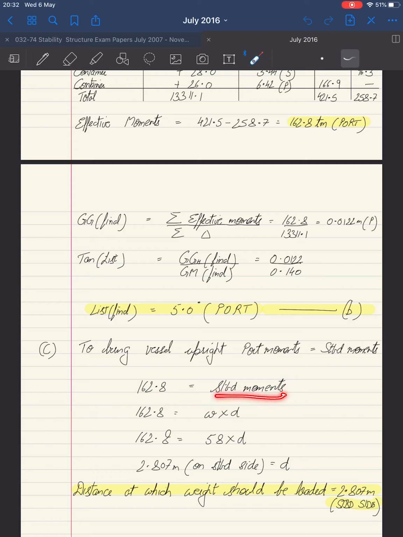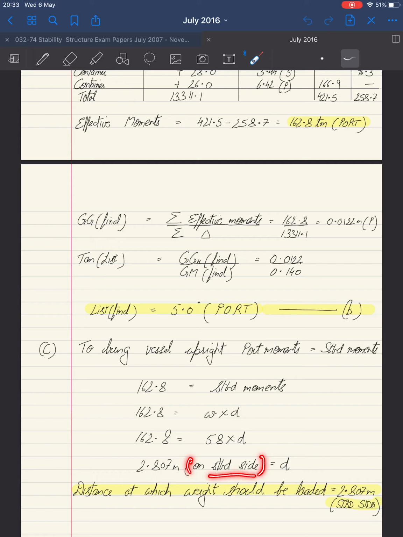So moment is nothing but W times some distance. So 162.8 is equal to the weight of the object, which was known, which was 58 tons. It was given in the question, and distance is what we need to find out. When we solve for D and bring this 58 down here in the denominator, we'll get 2.807 meters, and this needs to be on the starboard side.